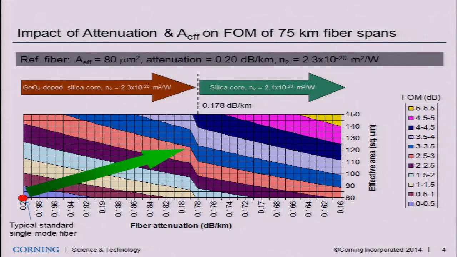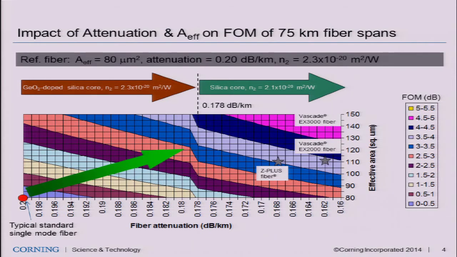So what you can see in this diagram is that when we decrease the fiber attenuation and increase the fiber effective area, the figure of merit increases. Now, we can make fiber with attenuation very close to the theoretical limit.